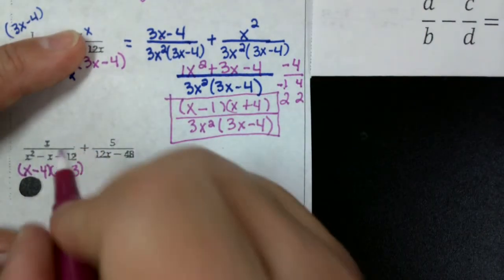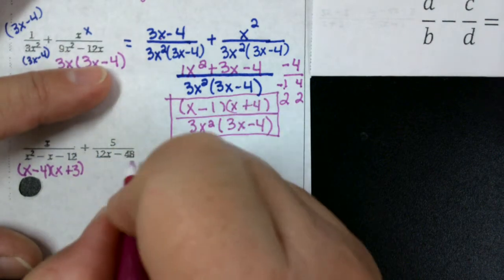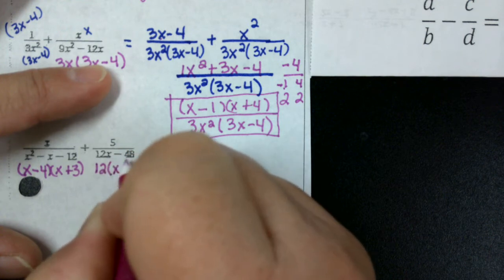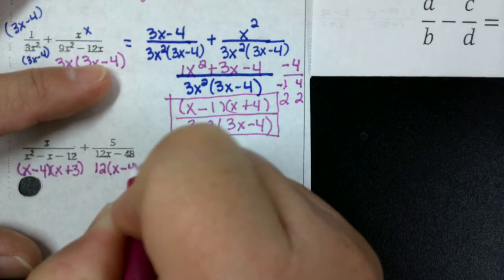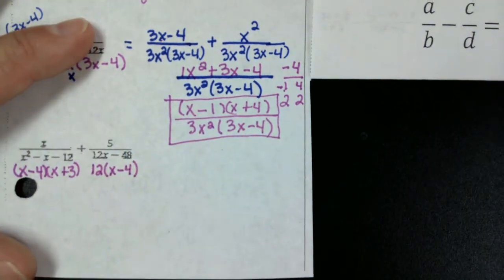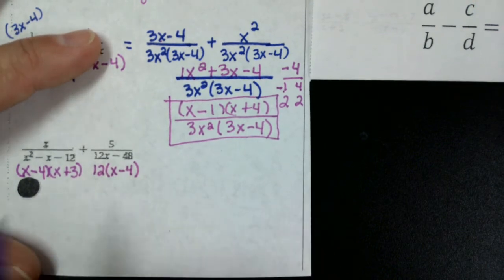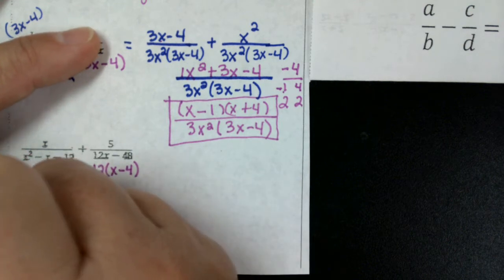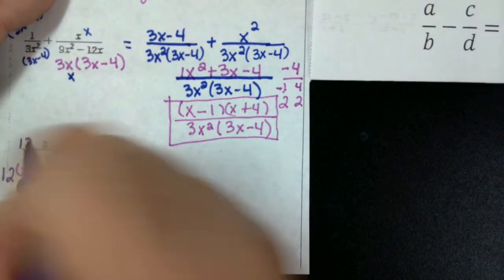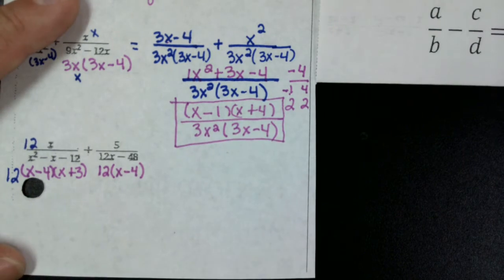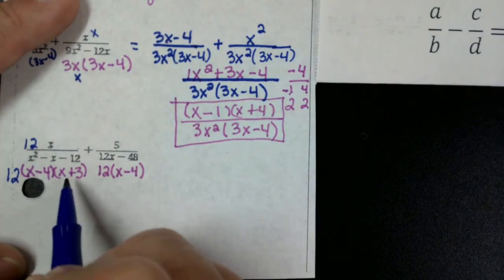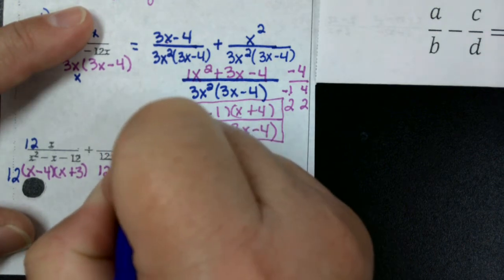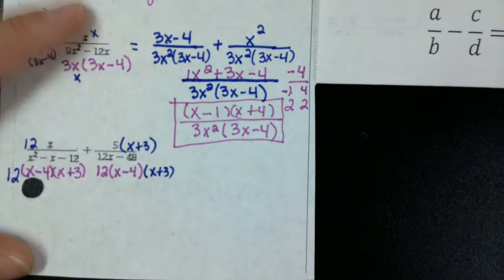And here I can factor my denominator, it's going to be 12 times x minus 4. And then I'm going to look and see. So I have an x minus 4 here and an x minus 4 here, but I'm missing a 12, so I need to multiply the numerator and the denominator by 12. And then over here, I'm missing an x plus 3, so I need to multiply the numerator and the denominator by x plus 3.